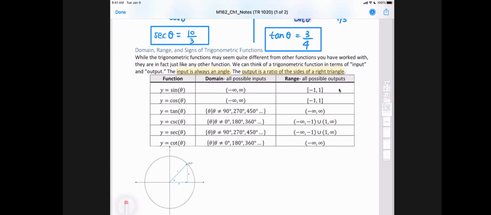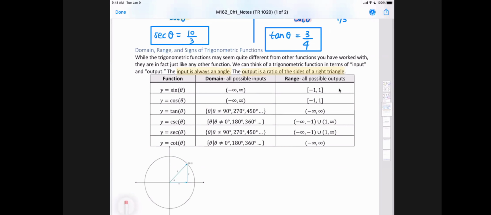So in your homework for section 1.8, it'll ask you for the domain and the range for all these different functions. But it's hard to really understand why the domain and ranges are these ways until we go to chapter 2, where we start graphing these functions and find out that they're waves.